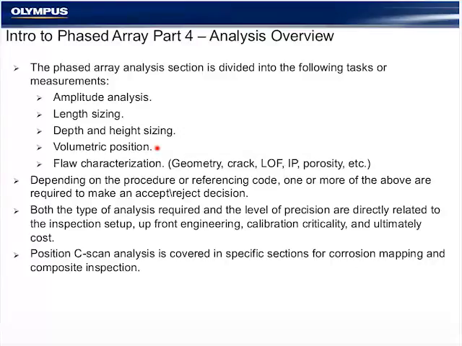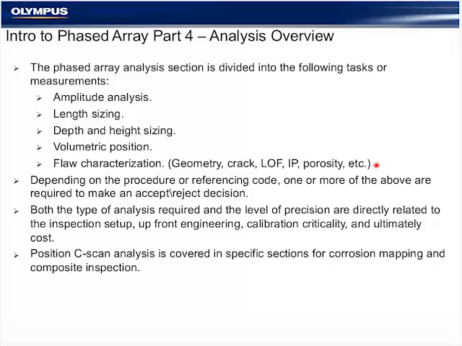The flaw characterization is the ability to differentiate geometry from flaws and different types of flaws from each other. Different codes, different rules for cracks, lack of fusion, porosity. The ability to differentiate slag from lack of fusion is one of the big benefits of phased array and the multi-angle sector scan inspection approach.